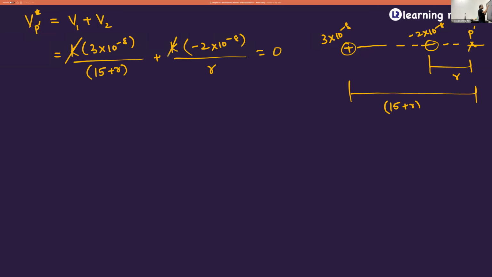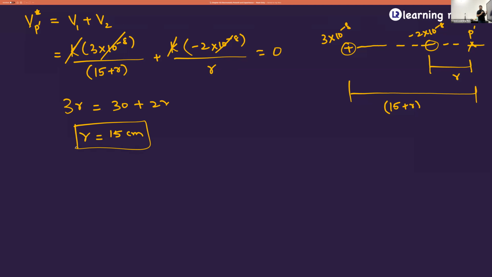So K gets cancelled, 10 power minus 8 gets cancelled. So when minus 2 by R goes to the other side, it becomes plus 2 by R. Cross multiply. 3R will be equal to 15 into 2 is 30 plus 2R. So take the 2R to the other side. R will be equal to 15 centimeter.